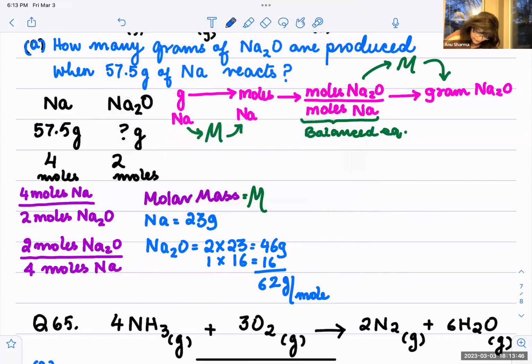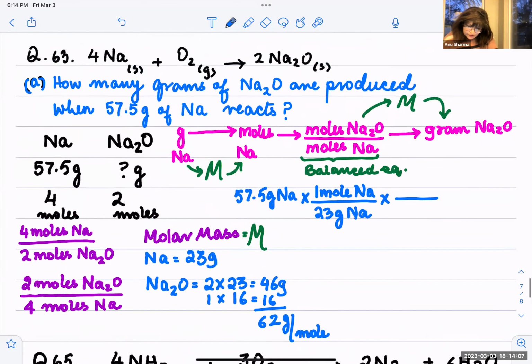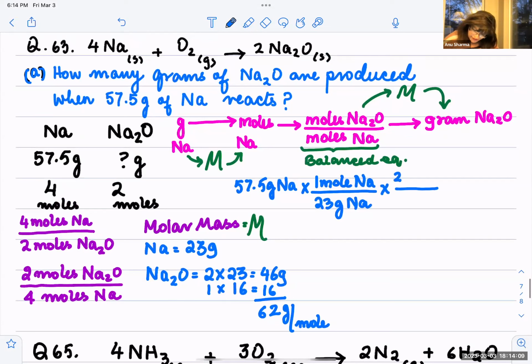Start with the given, which is 57.5 grams of sodium times 1 mole of sodium over 23 grams of sodium, times the mole to mole ratio. The mole to mole ratio from this balanced equation is 2 moles of Na2O over 4 moles of Na.